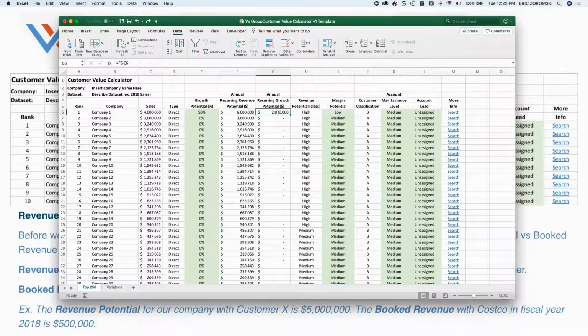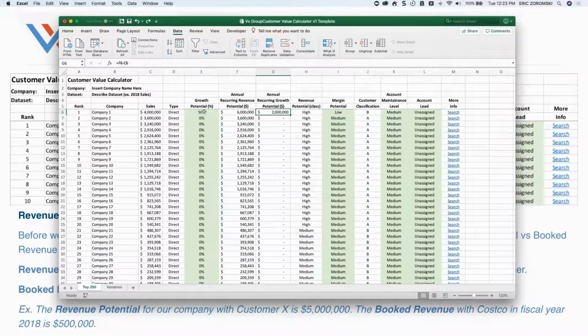You didn't have to go out and find a new customer. You didn't have to go out and add 30 or 40 or 50 new small customers. What you did was really focus the business's energy on growing with customers you're already doing business with that have high revenue potential.